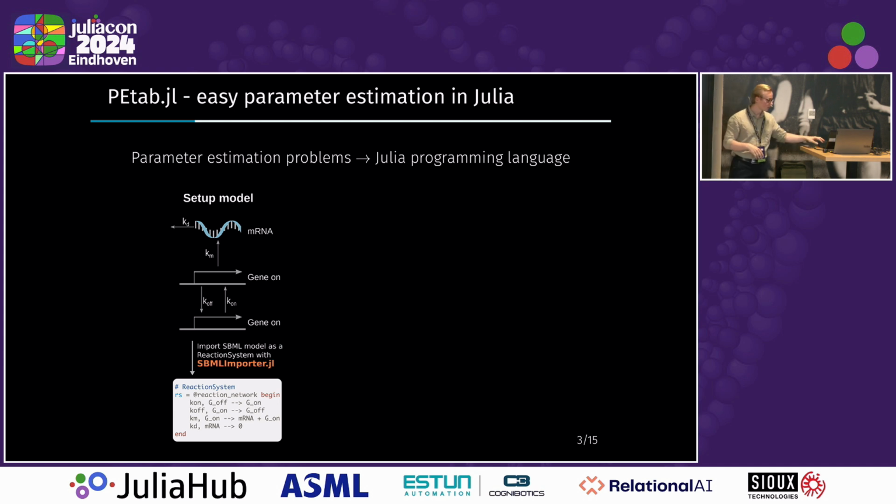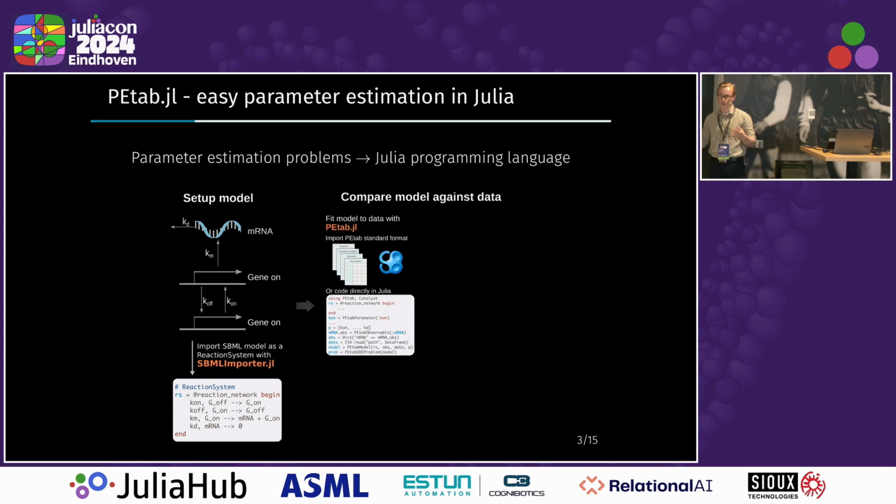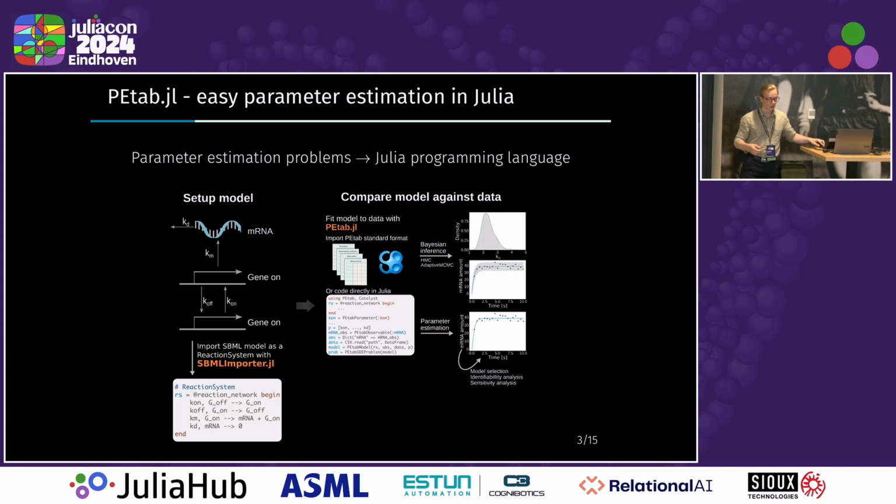We also allow users to provide their parameter estimation information in a standard table format, or code it directly in Julia. And to make the entire modeling pipeline easier, we provide wrappers to optimization packages for fitting the model to data, but we also provide wrappers to Bayesian inference packages such as AdvancedHMC, which are the algorithms used in Turing.